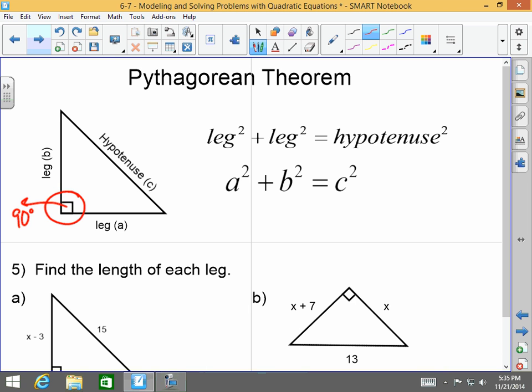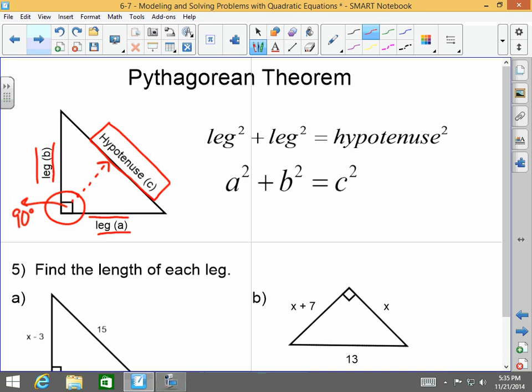And a right triangle, like all triangles, has 3 sides. But the side opposite the 90 is always called the hypotenuse. And then either of the other 2 sides are called legs. They're interchangeable. I labeled this one A and this one B, but you could have labeled it the other way. What you cannot change is the hypotenuse.